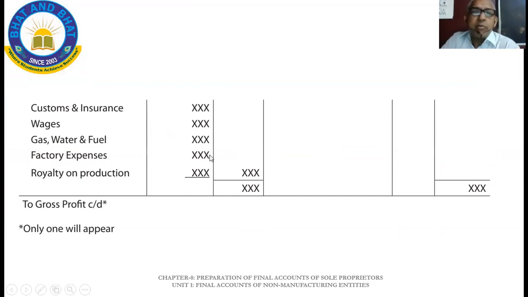The difference will be found. That difference will be gross profit carried down. CD means carried down. In case debit side total is more, that total will be written here. Same total will be written on the credit side. Then the difference in the credit side will be found. That is gross loss. And it will be written as by gross loss carried down.